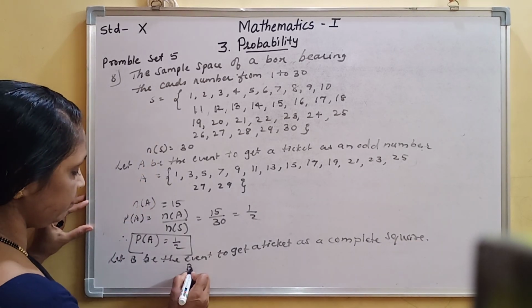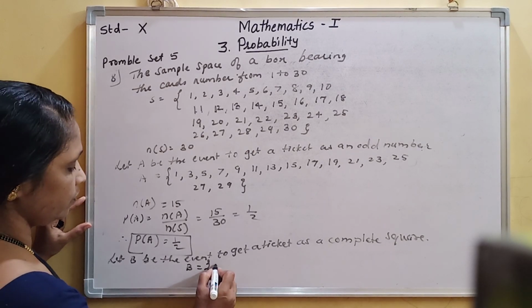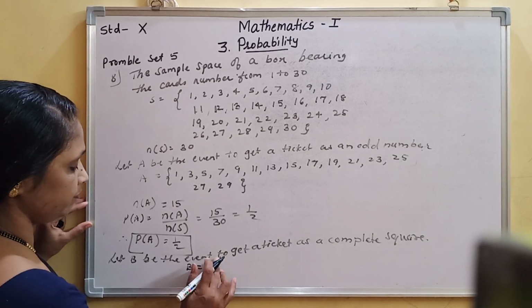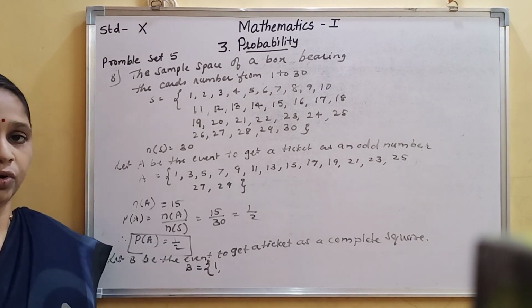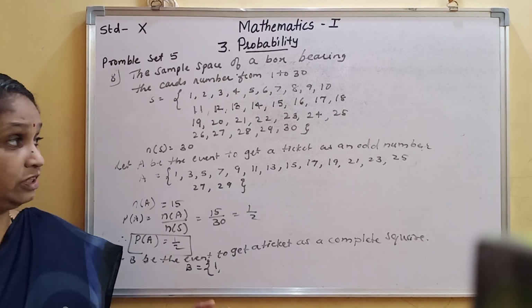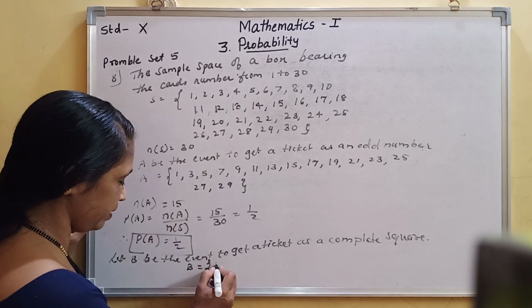So B will be equal to what? Which complete squares are there? 1. Many times we forget 1. We don't remember it, we start directly from 4, and we make a mistake. So 1 is a complete square.